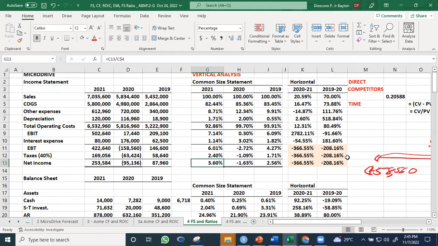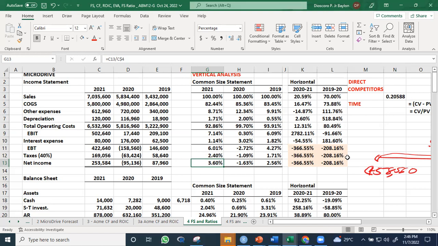Now, aside from comparing it with the direct competitor, we can also use benchmarking with time. When you say benchmarking with time, you compare it with the previous years. For example, the profit margin in 2020 was negative 1.63%, which means that for every 100 pesos of sales, the company was losing 1 peso and 63 centavos.